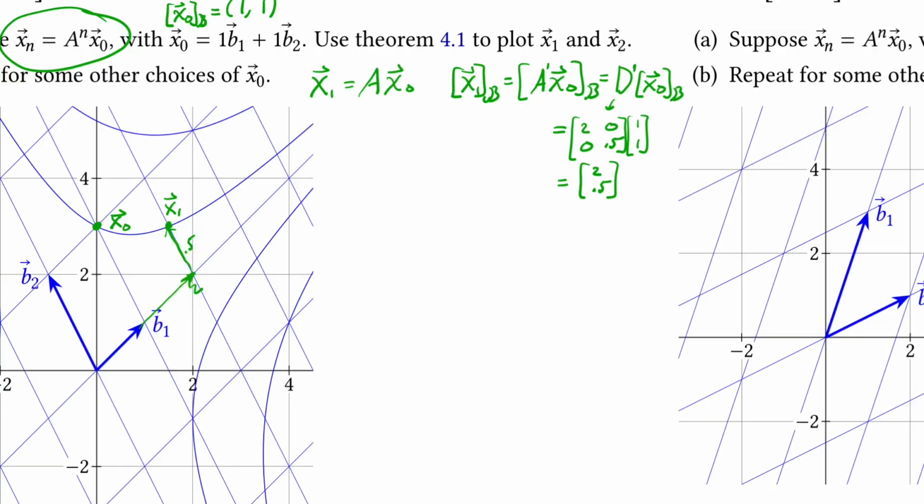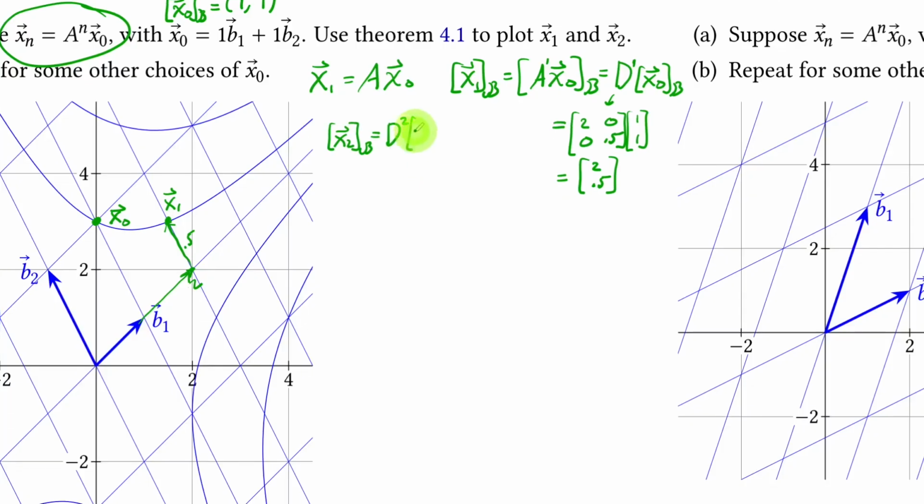Let's see what happens if we do this again. The B coordinates of x2 will be D squared times the B coordinates of x0. And that's actually just the same thing as multiplying D times the B coordinates of x1 that we had before.